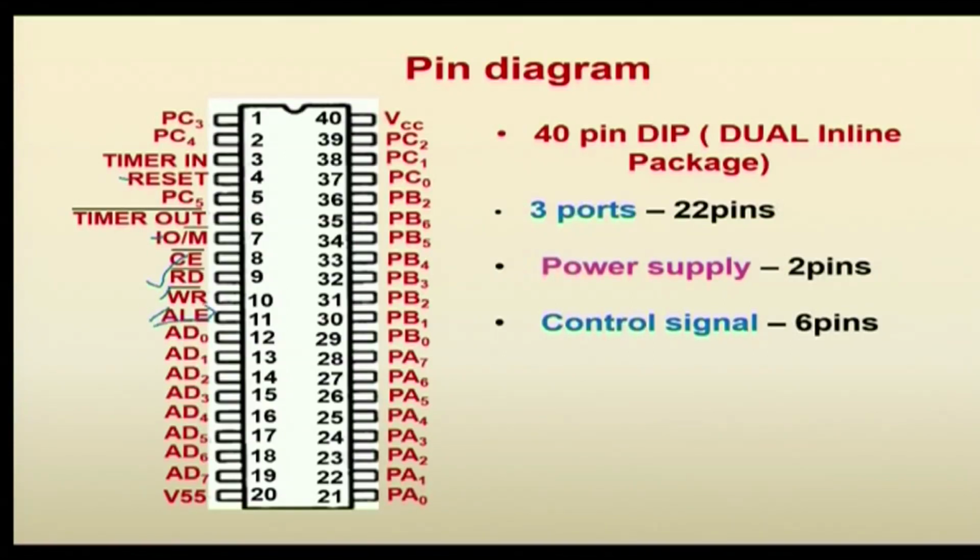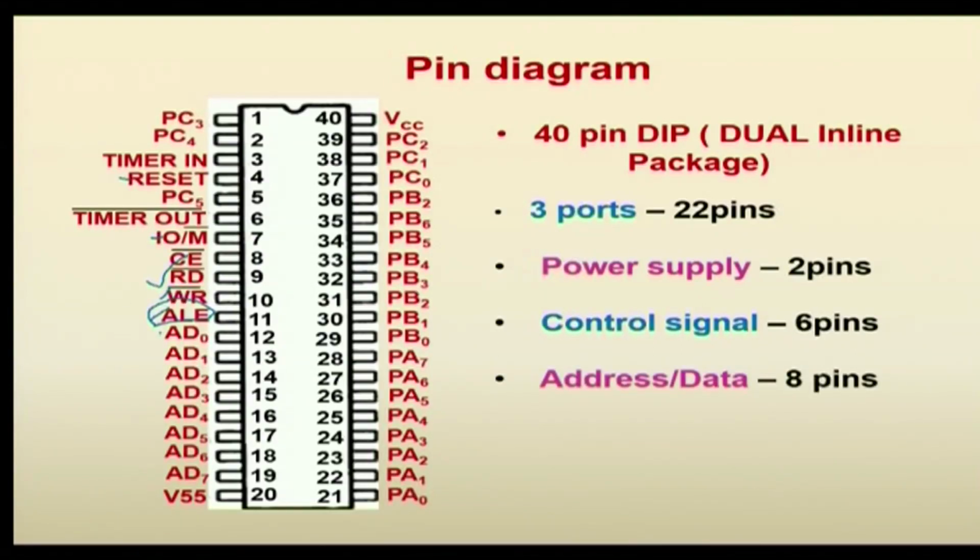ALE is address latch enable, which is used to demultiplex the address and data lines. WR bar is for the write operation. Reset is used to internally reset the signals. These 6 are control signals which are directly connected to the processor, because the same signal names are available on the microprocessor.